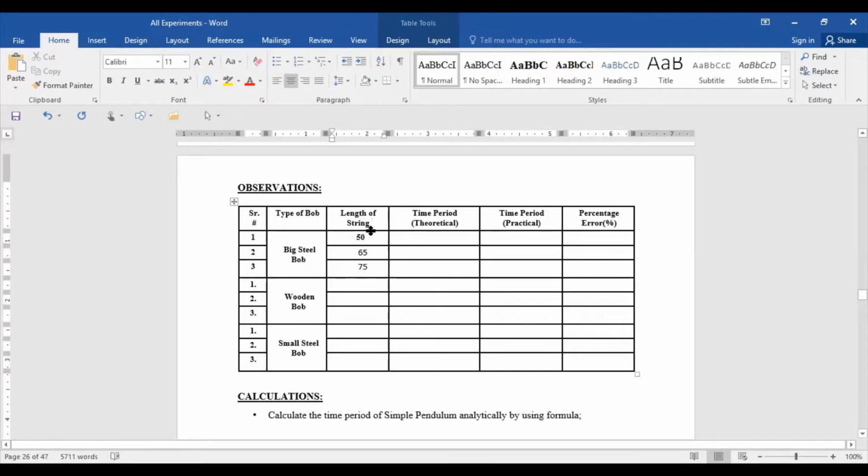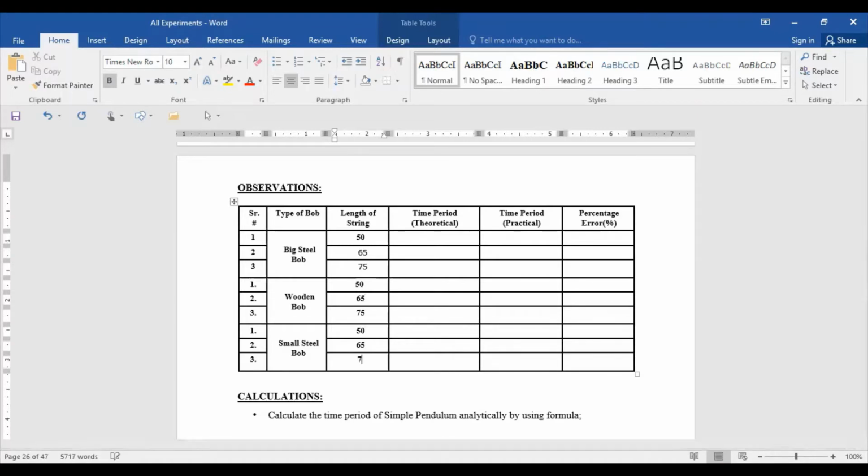So whatever the length of the string you have taken, you have to write down its unit as well. So for example, I have fixed at 50, then I have taken 65, then 75 with 10 differences. You can change it as well: 50, 65 and 75.